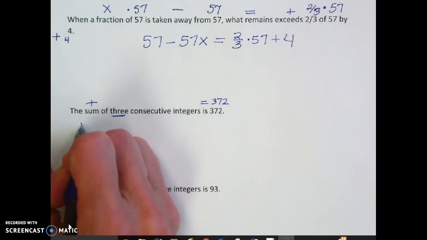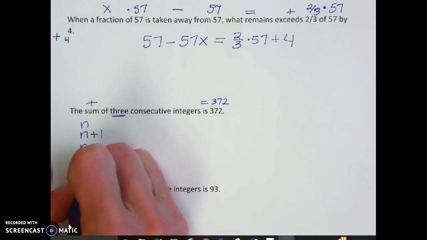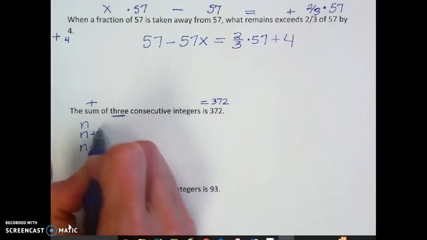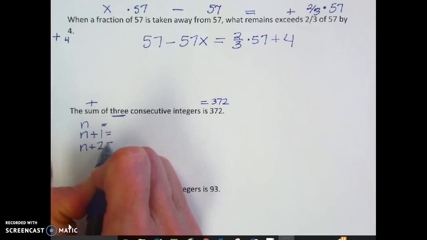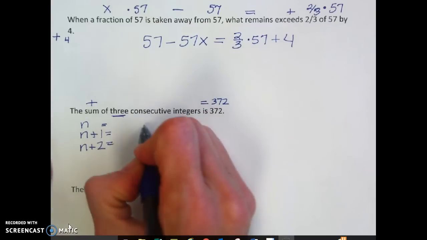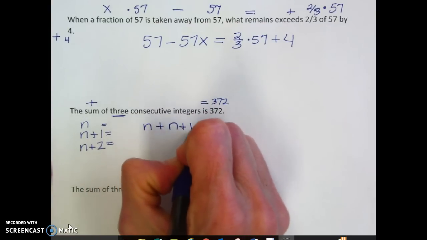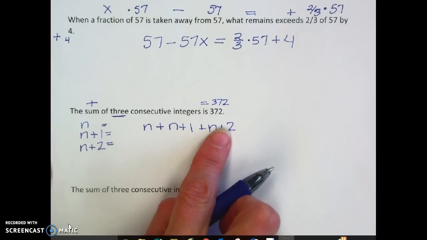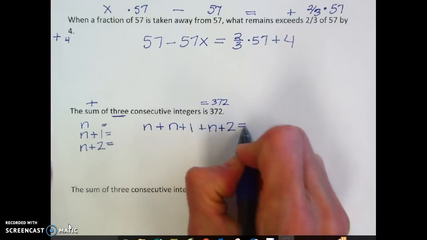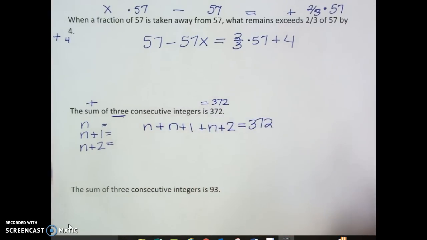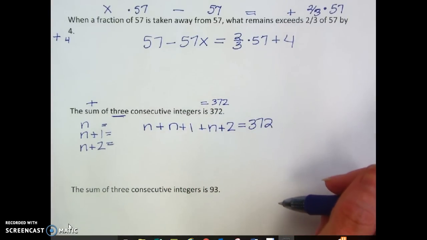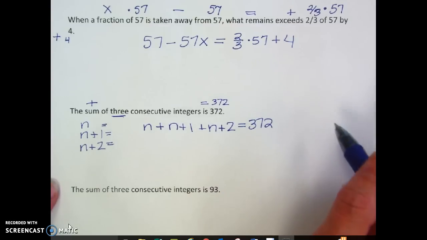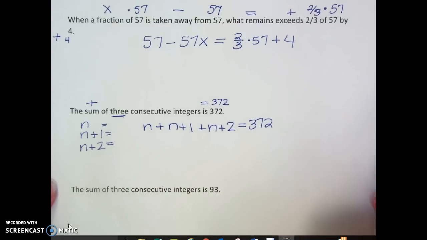So we'll have n, n plus 1, and n plus 2 because we want 3 of them. This is our first one, our second one, and our third one. We want the sum of all of these. So the first one plus the second one plus the third one equals 372. And from there we could also solve that. And you will be expected to solve these eventually, so just be prepared for that.